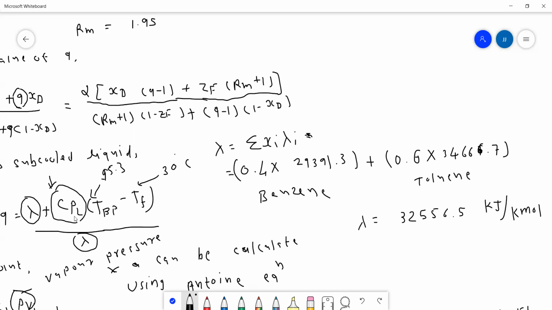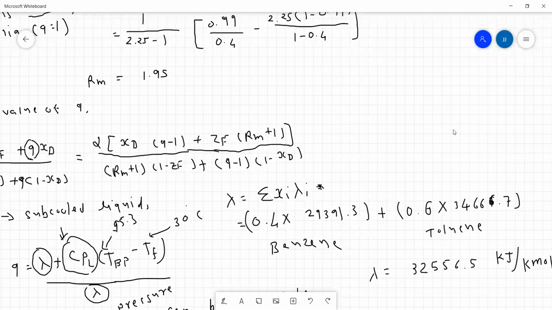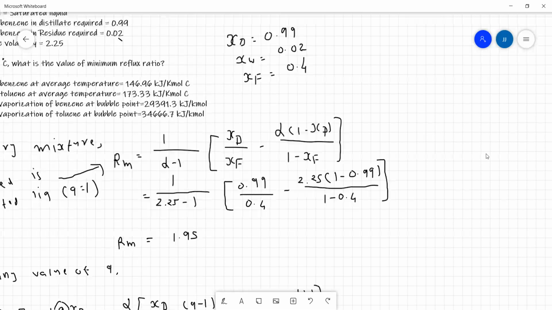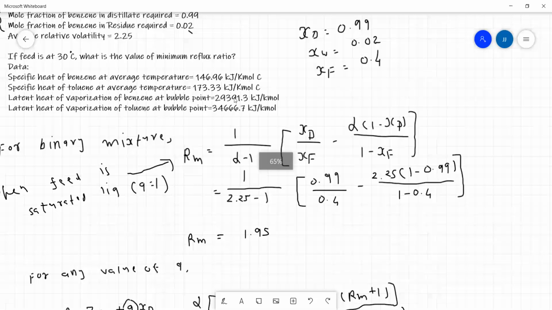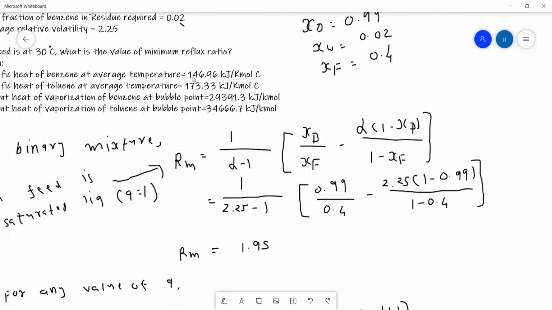CPL is nothing but the specific heat of the liquid mixture. And specific heat is also given. So we can write, the specific heat of benzene at average temperature is 146.96.